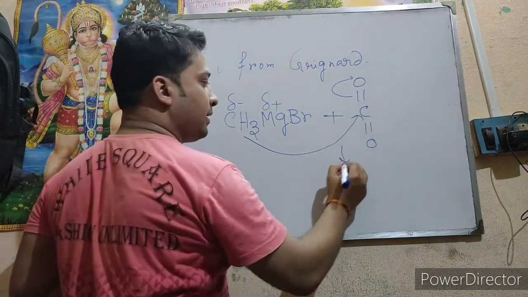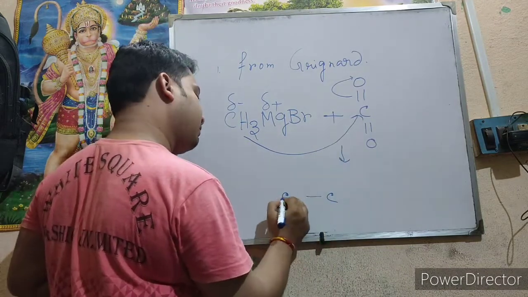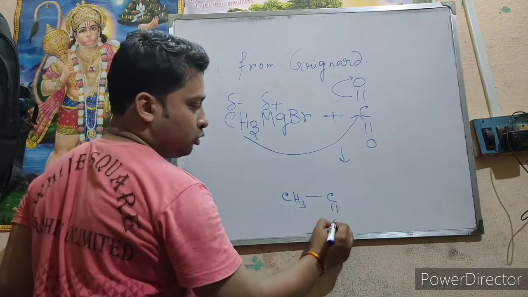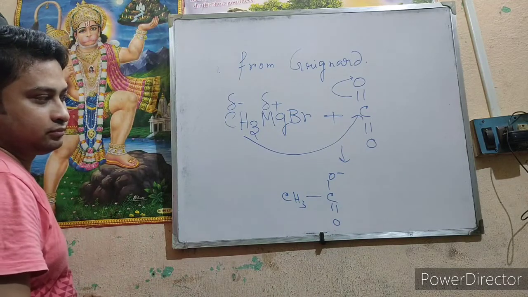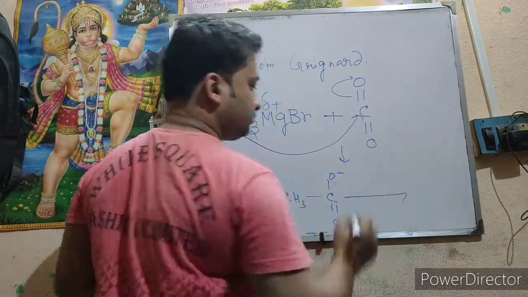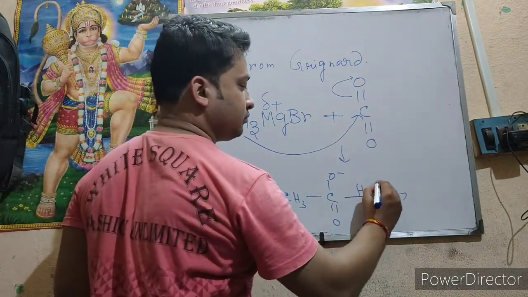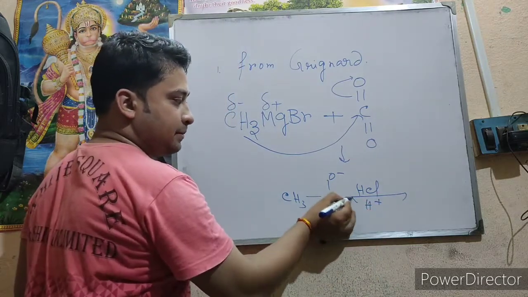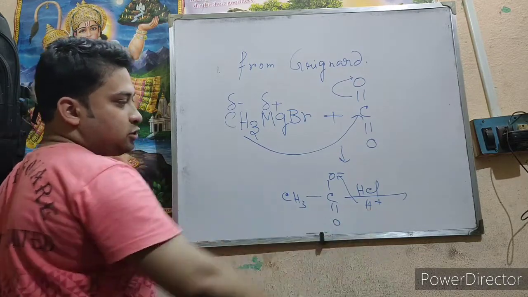So the product will be, this CH3 is joined to this carbon. This is double bond O and this is O minus. So CH3COO minus, then you acidify it. So you get H plus, negative is always attracted to H positive.